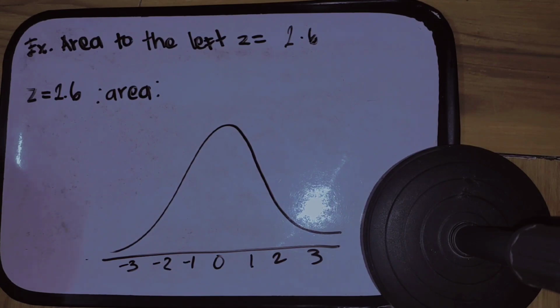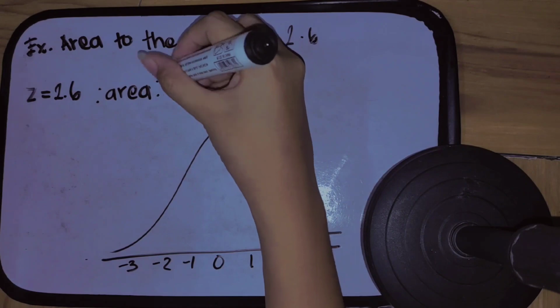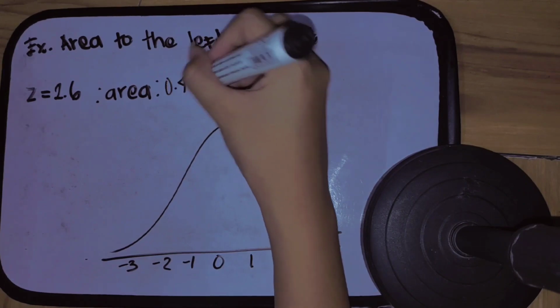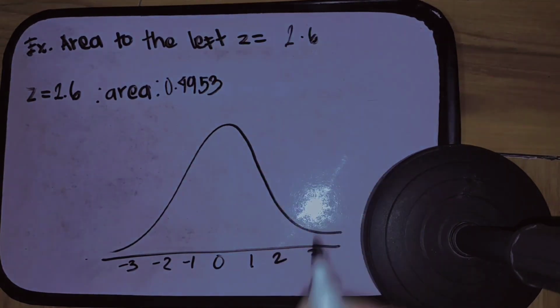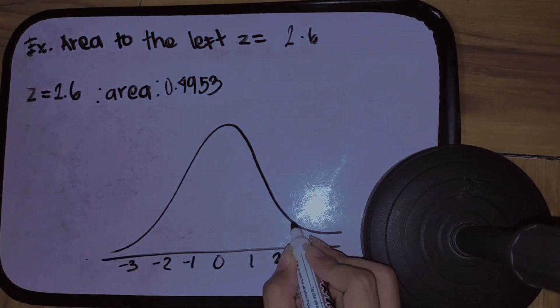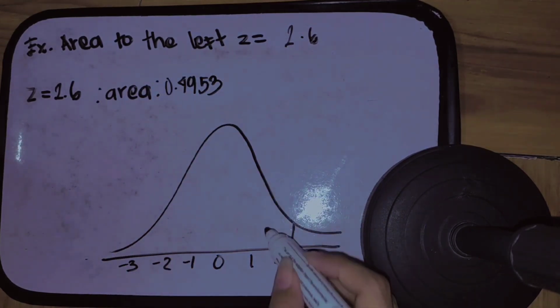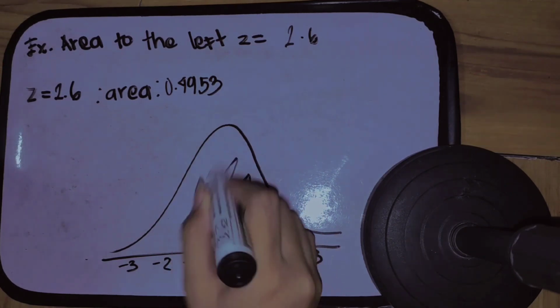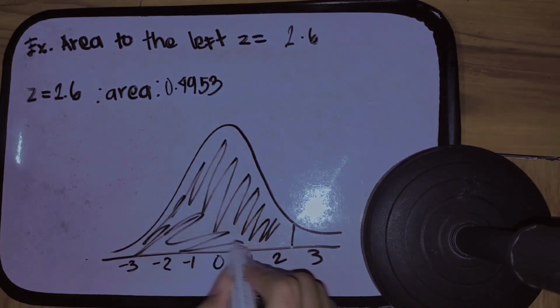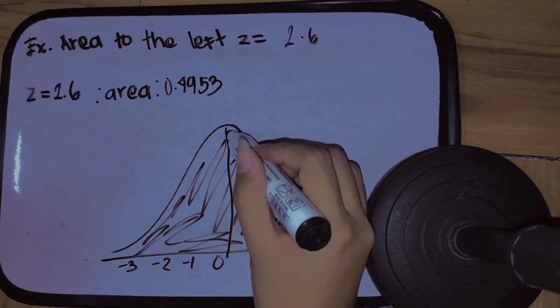And for our last example, area to the left, z-score equals 2.6. So, hanapin ulit natin ang area sa z-table. So, 2.6, 0.4953. So, positive 2.6. So, dito. Since ang sabi ay area to the left, ang shaded part ay ang buong ito. Kung mapapansin nyo, nasama yung kabilang part.